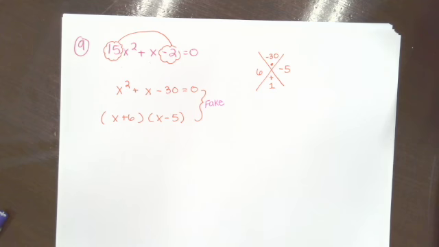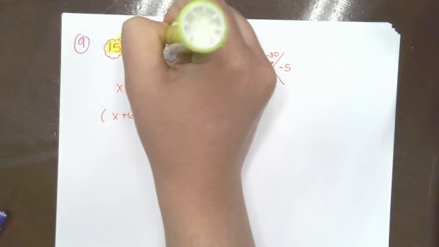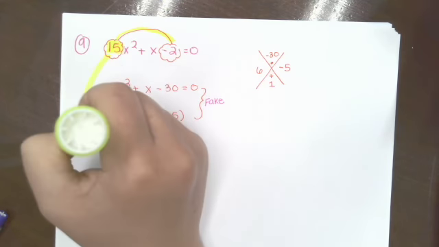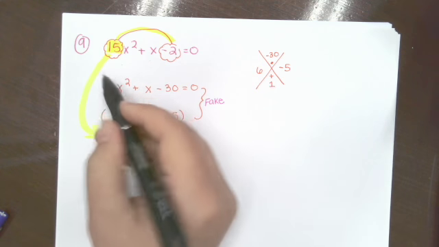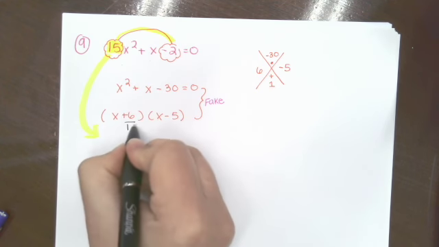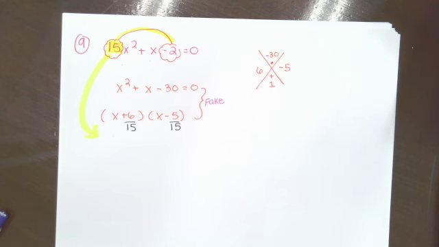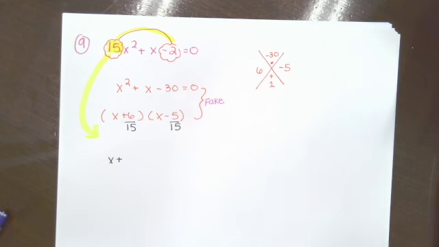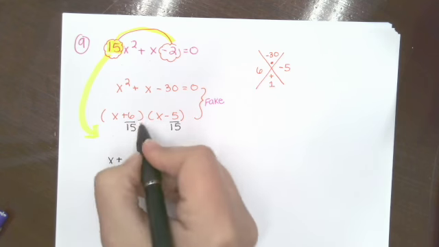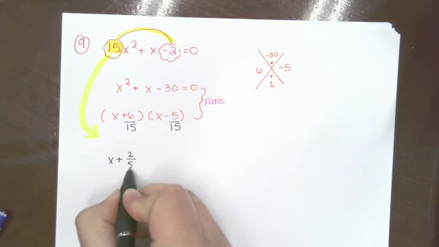So what you do is you take this 15 that you initially multiplied by, and you bring it down and you undo that multiplication that you did. So originally we multiplied by 15, now we have to divide by 15. You must simplify your fractions. So we have x plus, what's 6 divided by 15? 3 goes into 6 2 times, 3 goes into 15 5 times.